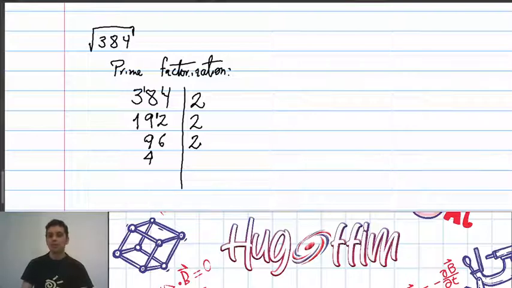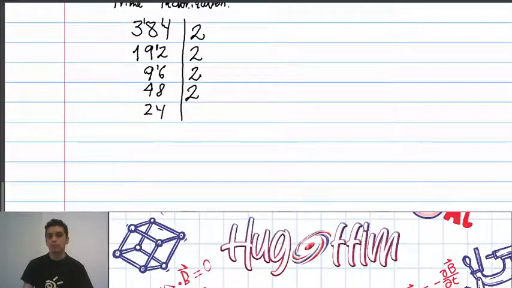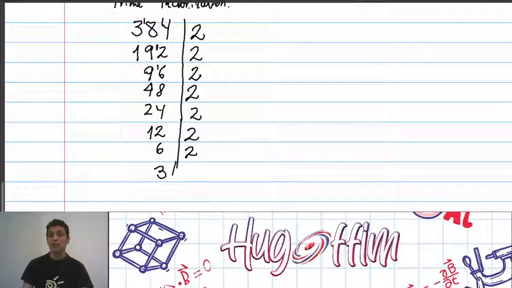Divided by 2 is 96, divided by 2 is 48, again divided by 2 it will be 24, divided by 2 it will be 12, divided by 2 again it will be 6, divided by 2 again it will be 3, and now divided by 3, it will be 1. Now look at what I'm going to do.